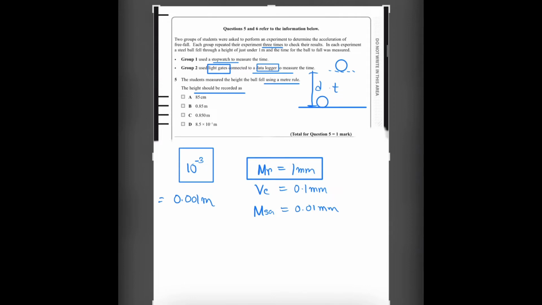So 0.001 is 3 significant figures, right? So the answer, which is in 3 significant figures, is C. In B, it is written as 2 significant figures. This is written as 2 significant figures or 2 decimal places. This is written as 3 significant figures, and this is written as a standard form. So we need 3 significant figures, and the only answer with 3 significant figures is C.